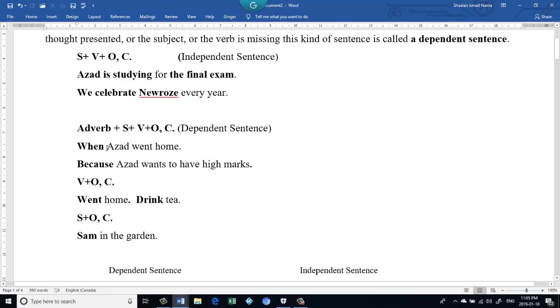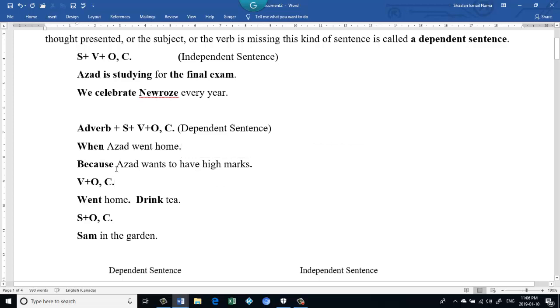But if we look only at this part, Azad went home, it's a complete sentence, but without when, you have to take it out. Then we have Azad as a subject, went as a verb, and home as an object. But unfortunately, if we write it like this, when Azad went home, this sentence needs another sentence to complete the meaning.